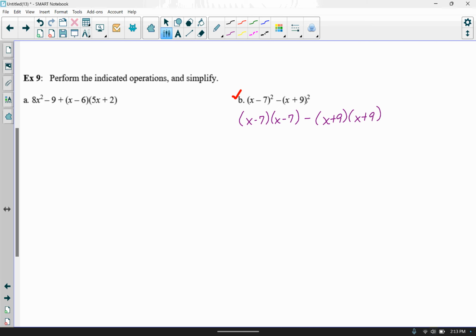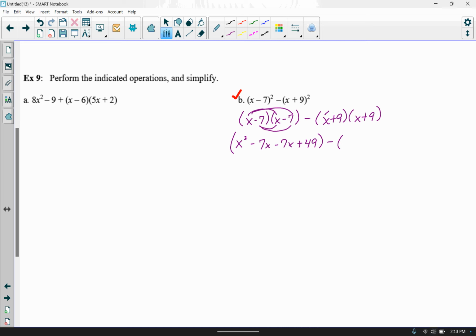Okay. So I'm going to keep these in parentheses, so when I FOIL here, I've got my first, x times x, outside, inside, last. All right, so that's the first one, got it in parentheses. Now let's do the next one.